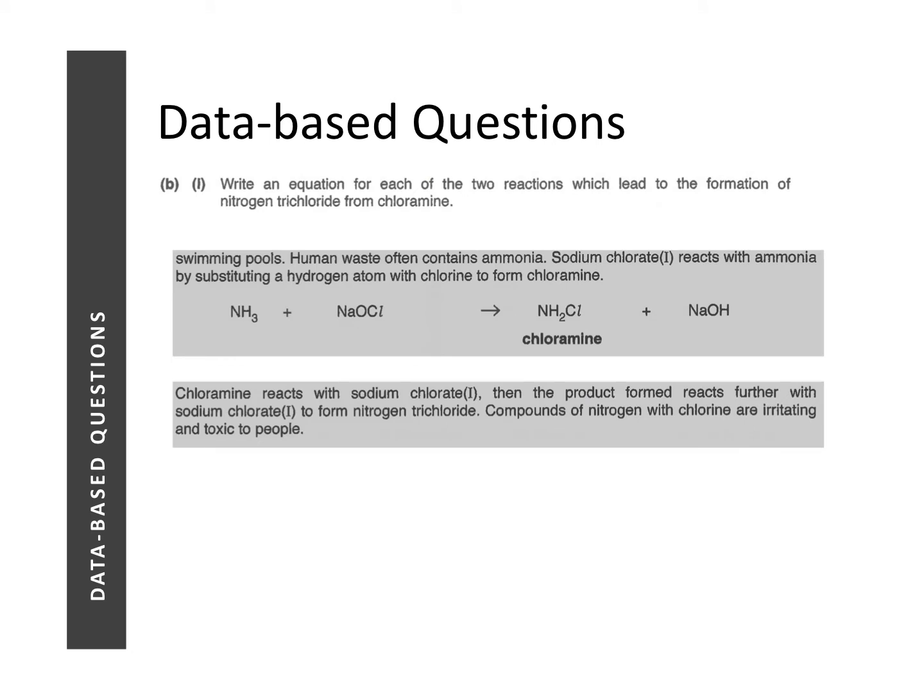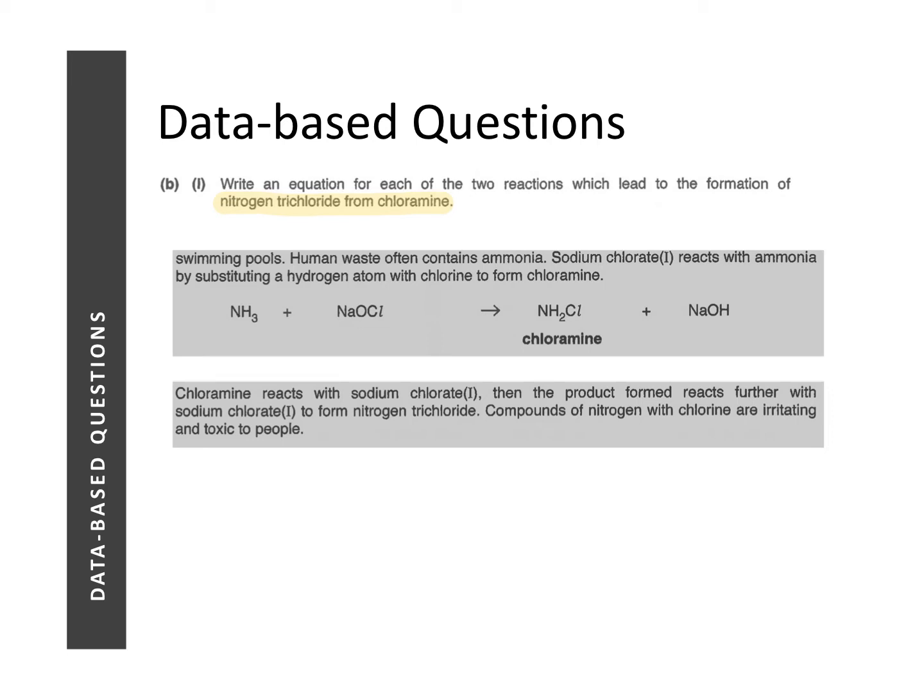Next, write equations for the two reactions which lead to the formation of nitrogen trichloride from chloroamine. So this question is talking about the reaction of your sodium hypochlorite with ammonia. Was there a paragraph that talks about the reaction?